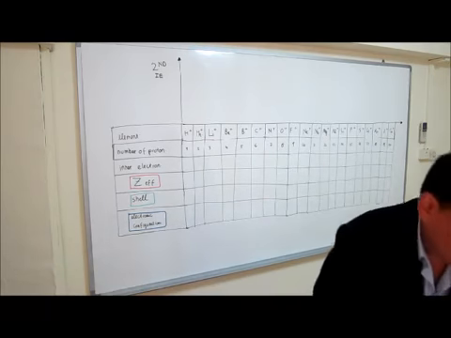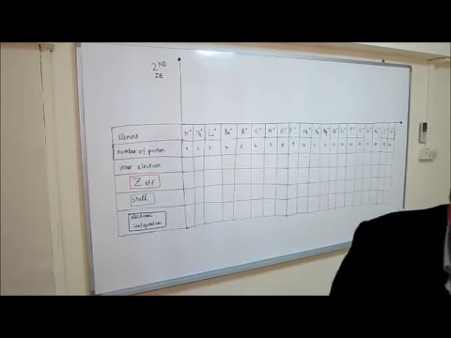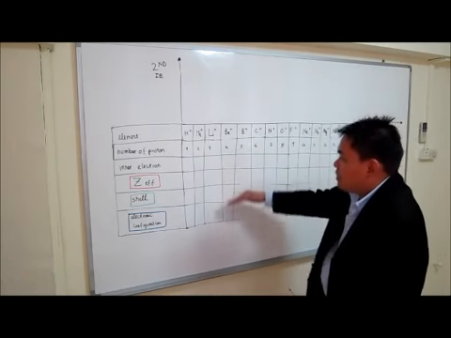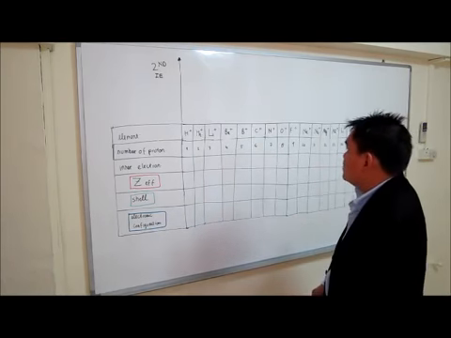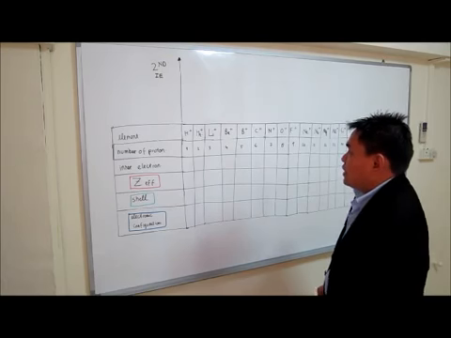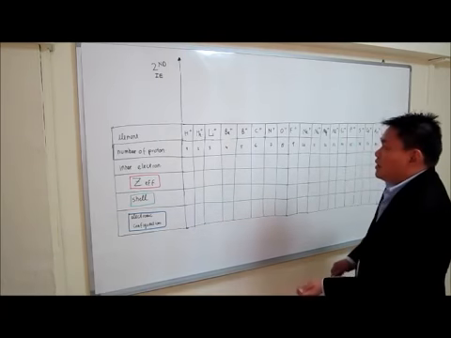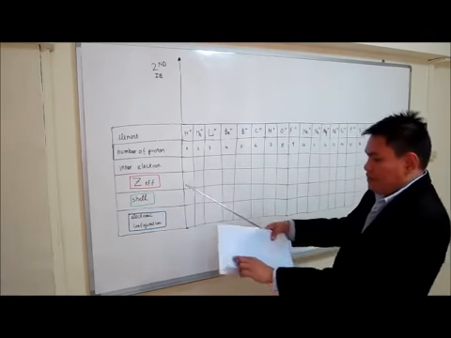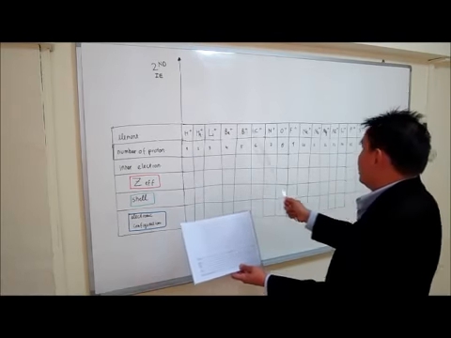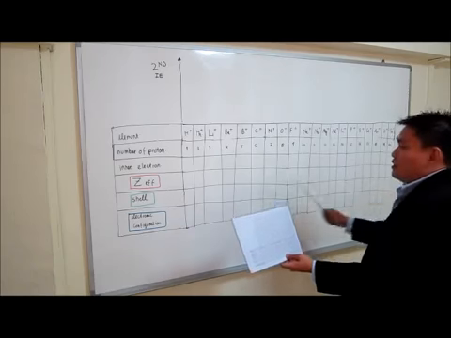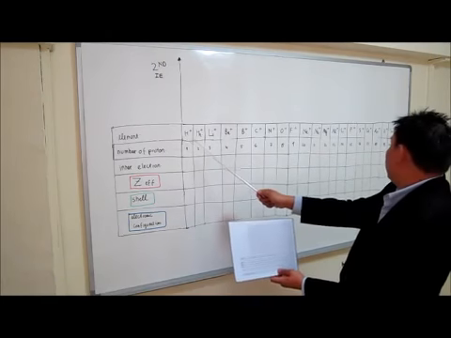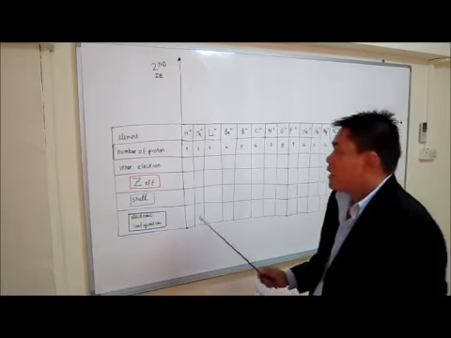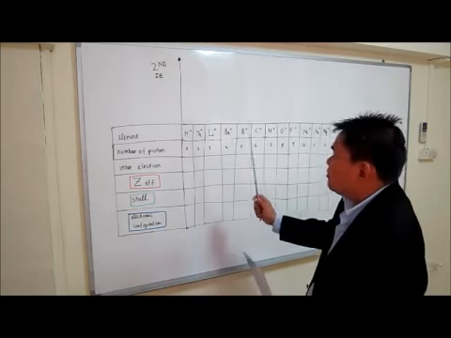Now we are going to fill up this table together, similar like yesterday. And the first thing you do is to fill up the first row, all these elements from hydrogen to calcium, and all will have a charge of +1.